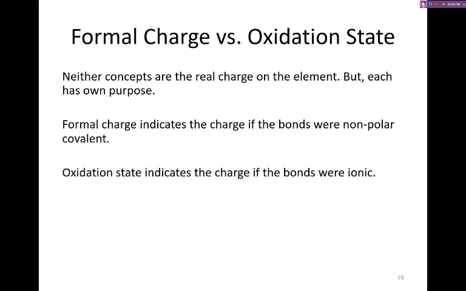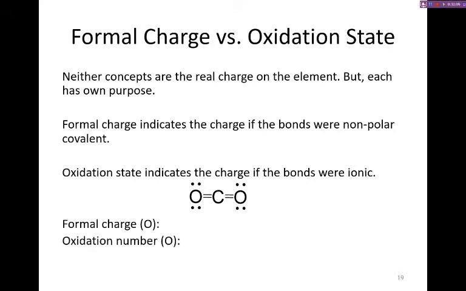For oxidation numbers or oxidation states, this is important because we're interested in where the electrons are flowing. So for example, if we take carbon dioxide, we can calculate the formal charge of oxygen and the oxidation number of oxygen.